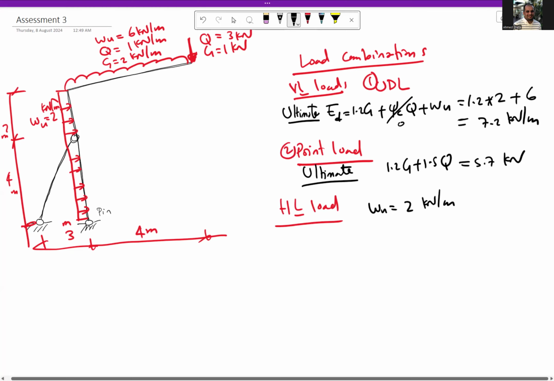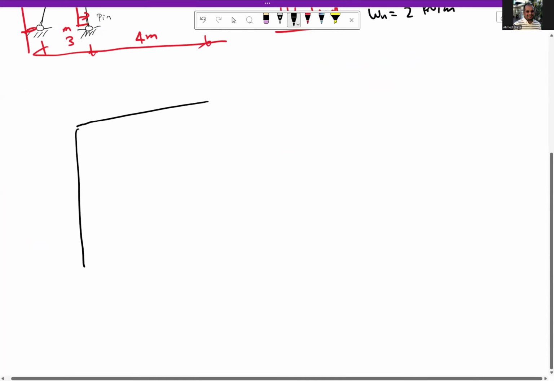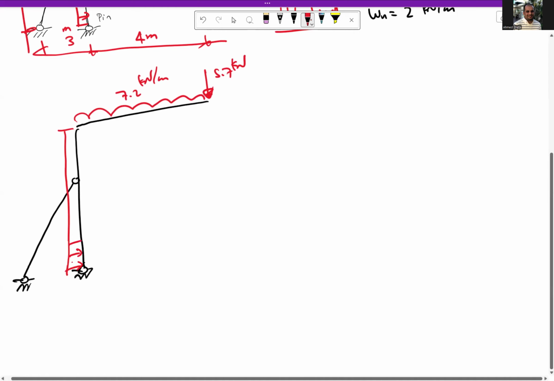So this means that the forces we have on this frame are 7.2 kilonewton per meter, and here we have 5.7 kilonewton, and here on the column 2 kilonewton per meter. So this is the first step, finding the loads.